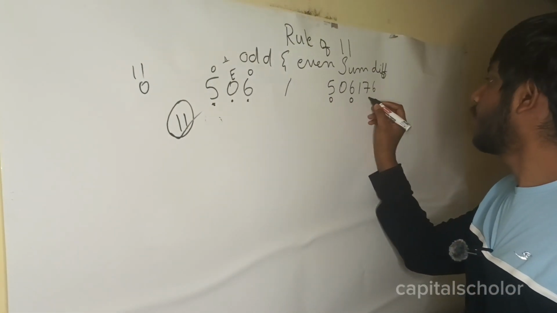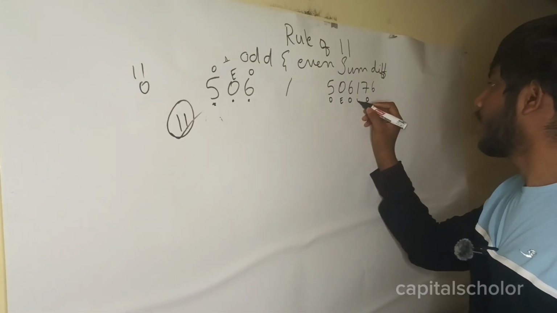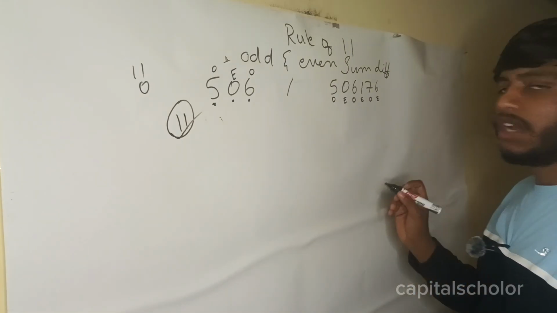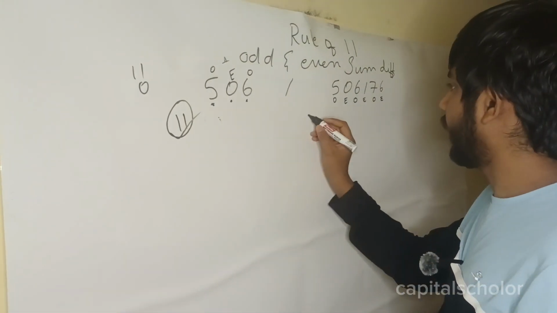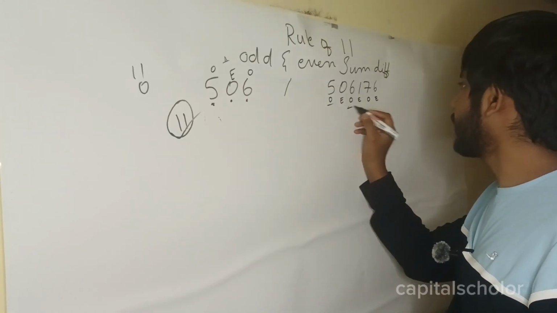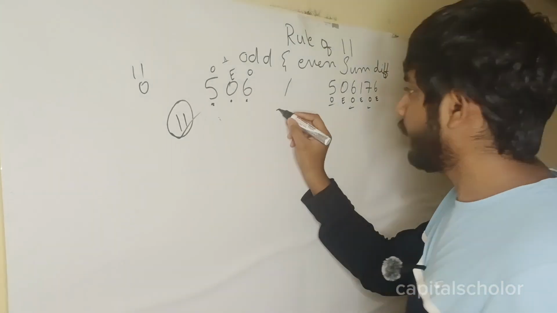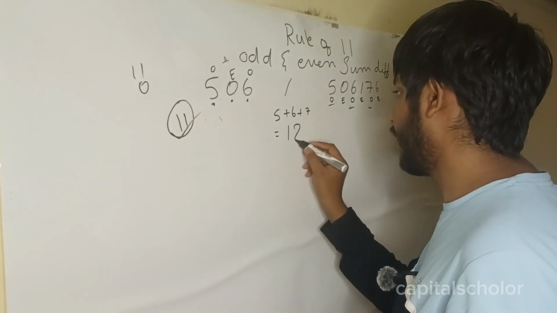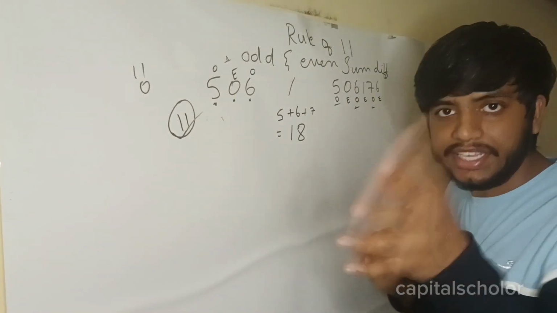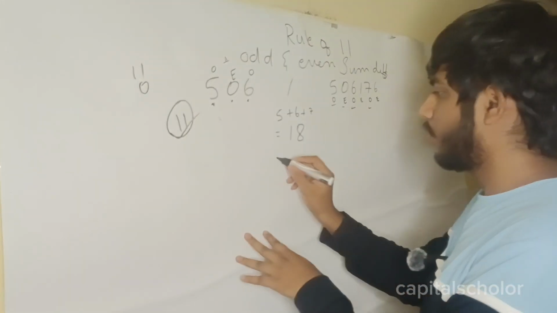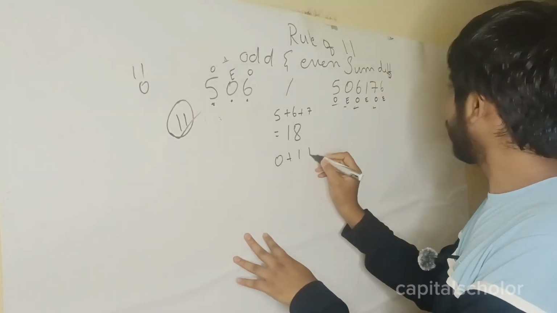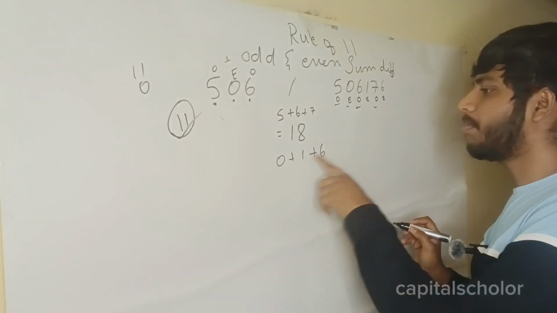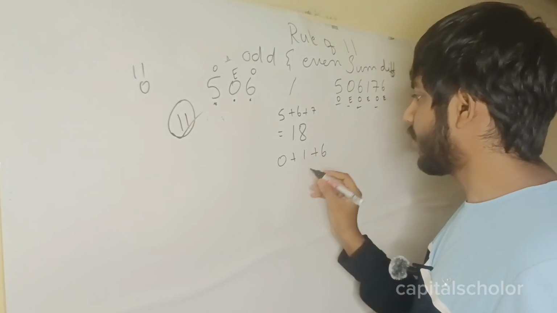Okay, now let us see this number, with positions marked odd, even, odd, even. Now let us add the odd positions: 5 plus 6 plus 7 is equal to 18. Now let us add the even positions: 0 plus 1 plus 6 is 7.